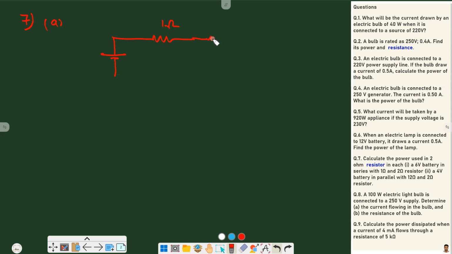1 ohm, 2 ohm, and this is 6 volt. We have to first find the current going through these resistors. As this whole circuit is a series connection, the 1 ohm and 2 ohm resistances are in series, so total resistance is 1 plus 2, 3 ohm, and from then we can apply Ohm's law.